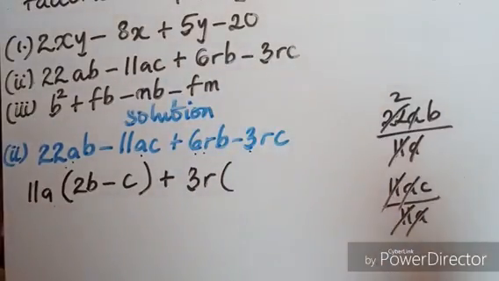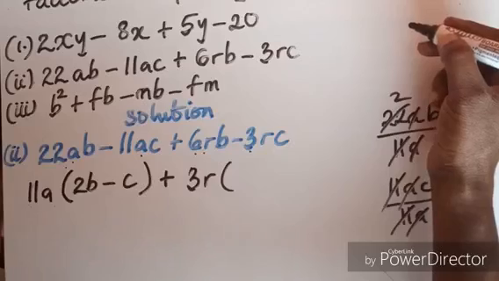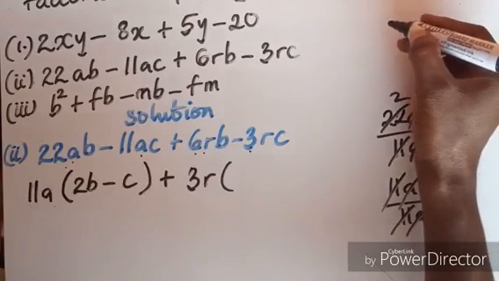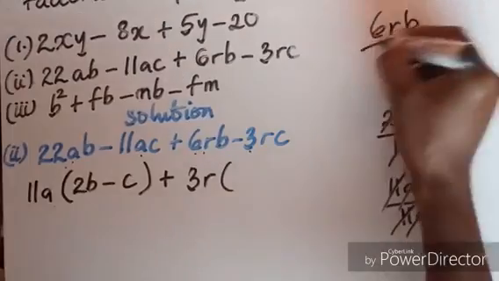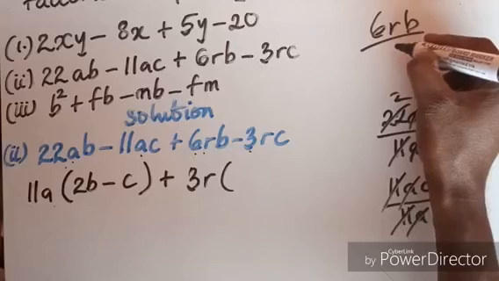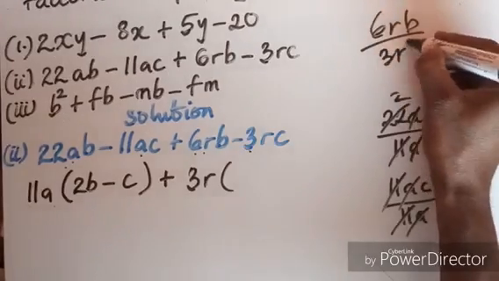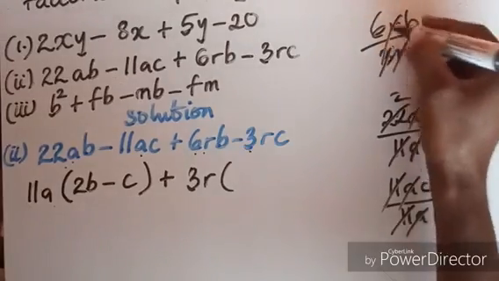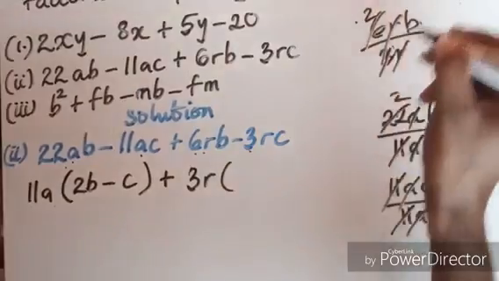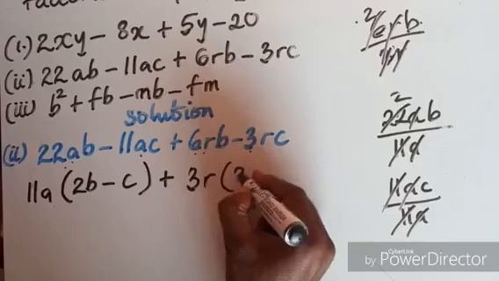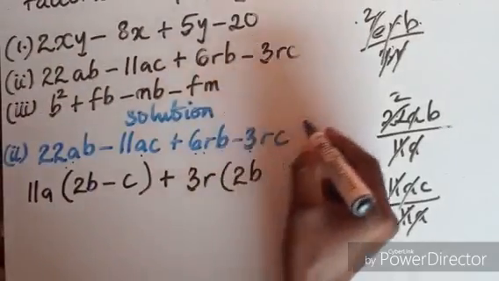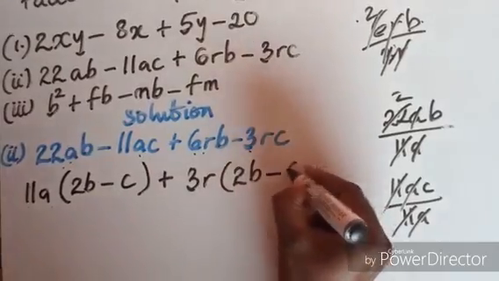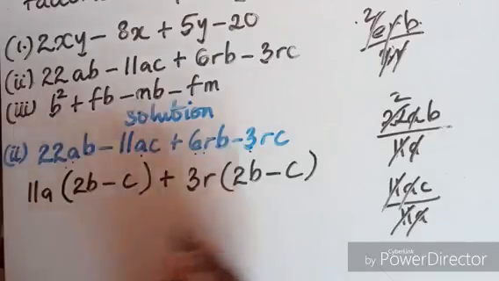Okay, so as we did in the previous example, what we have is 6rb divided by 3r. R will cancel r, 3 will go into 6, 2. We got 2b. Automatically we know 3r will cancel 3r. We are left with minus what? C.